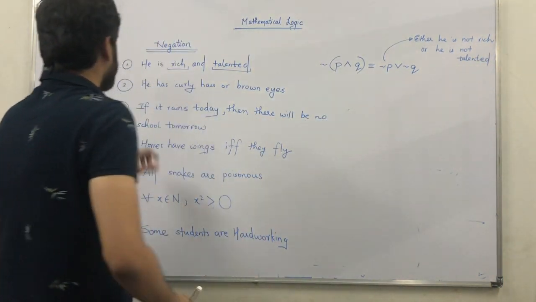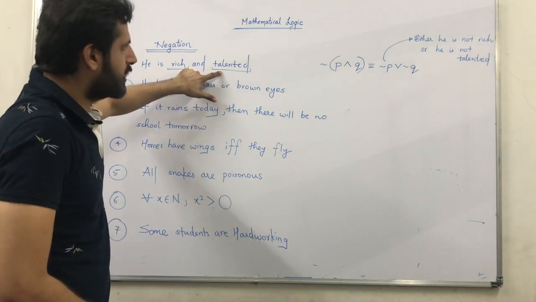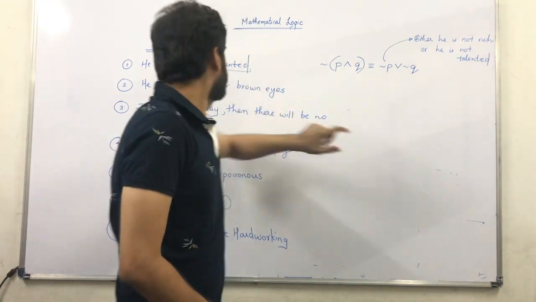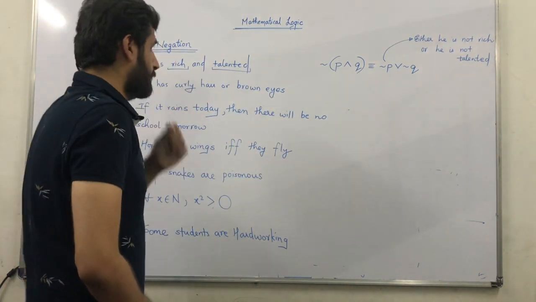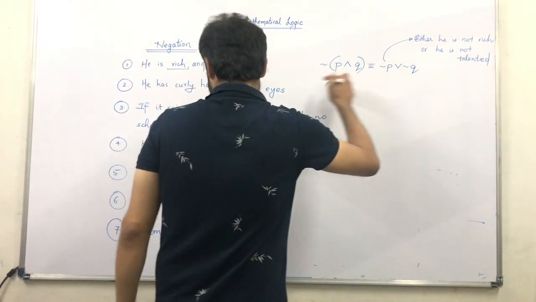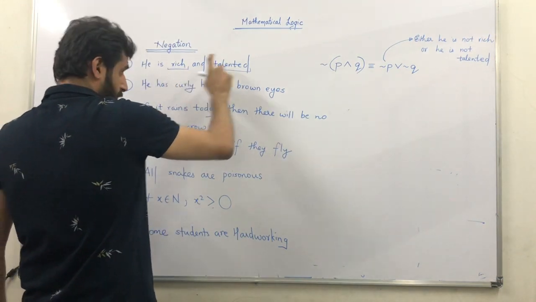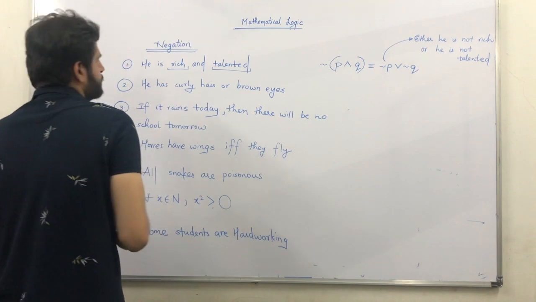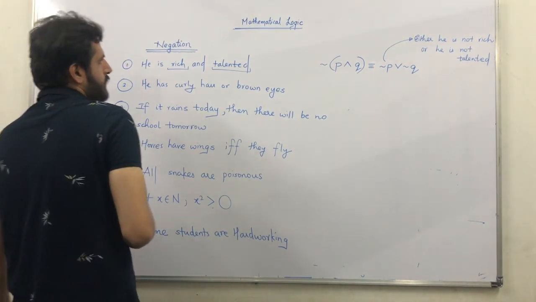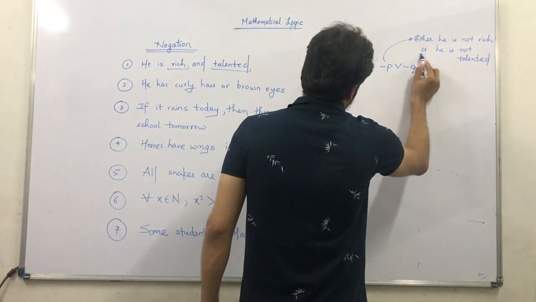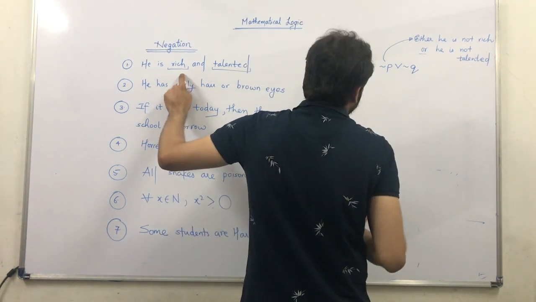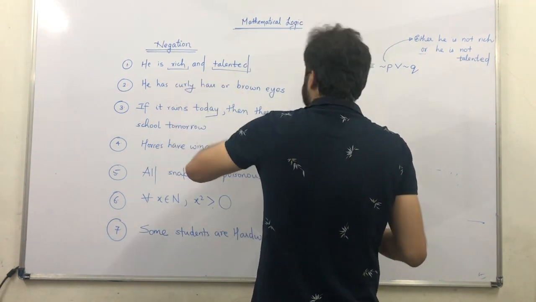Okay, so negation of P and Q is negation P or negation Q, and negation P or negation Q is either he is not rich or he is not talented. So there has to be or here: and becomes or. So either he is not rich or not talented.